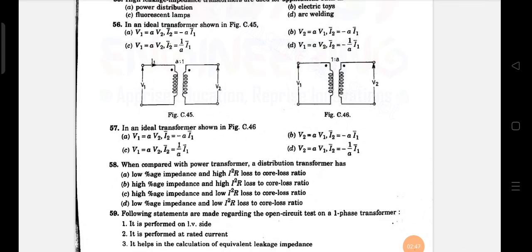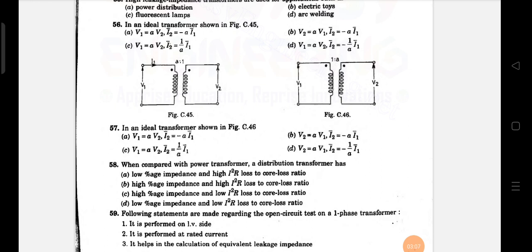Next, a similar problem, the 57th question. In the ideal transformer shown in the second figure, what is given? N1 is to N2 equals 1 is to A. That means the transformation ratio K equals N2 by N1, that is K equals A by 1, which equals N2 by N1, which equals V2 by V1, which equals I1 by I2.